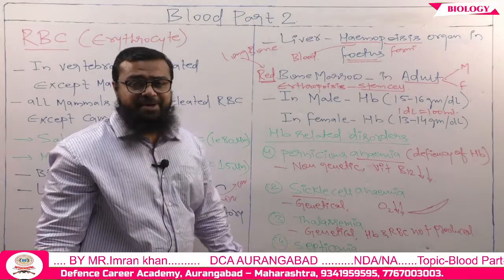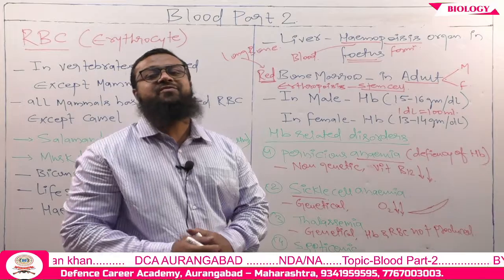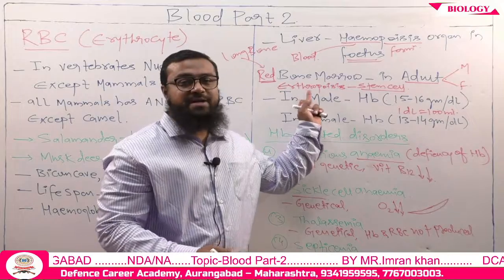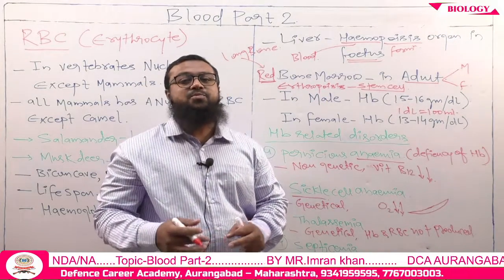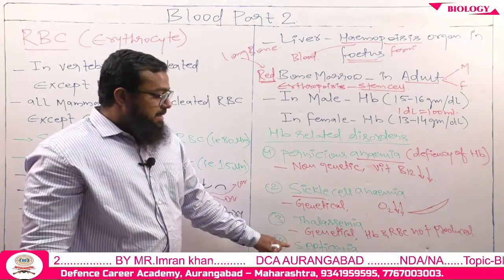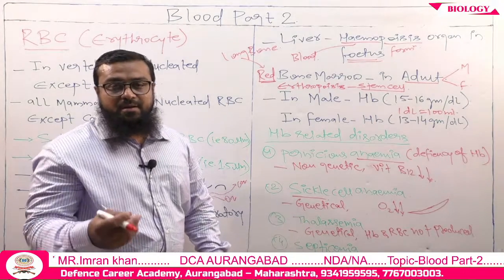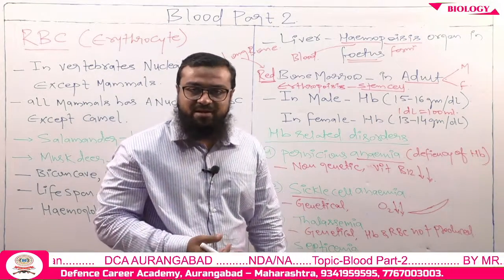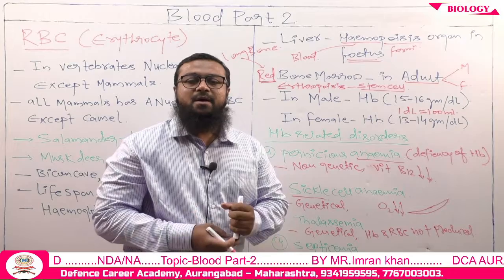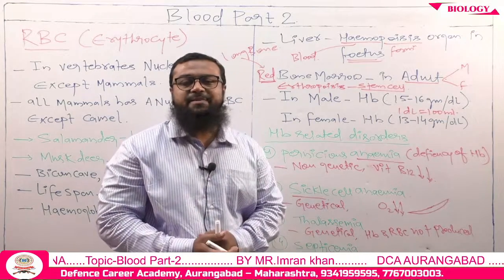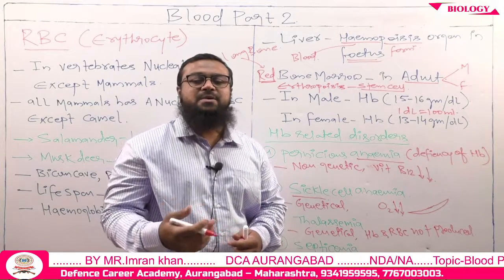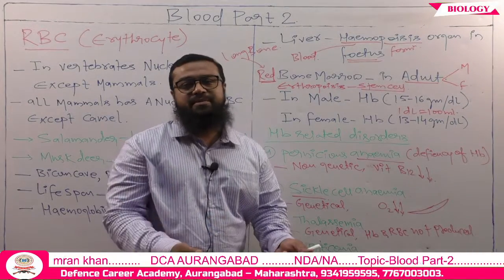So in a thalassemic patient, there is always a shortage of blood in the body because in the red bone marrow, the stem cell is unable to carry out hemopoiesis or erythropoiesis. What is the reason? Because this is a genetic disorder, it will transfer from the parents to their offspring. And what can be the treatment of this thalassemic patient? The treatment is only transfusion, to give the same blood group blood from another person to that person.